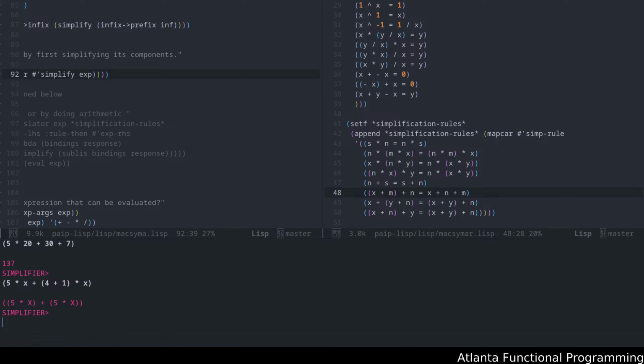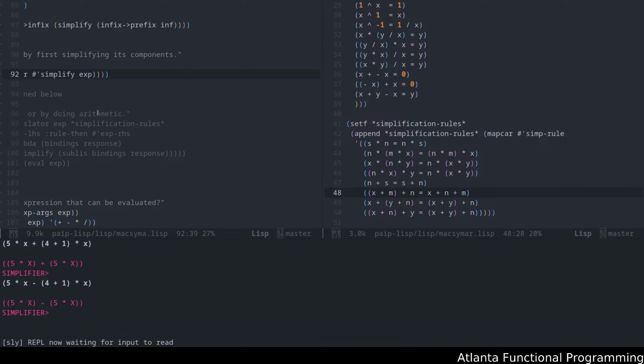Oh, sorry, it looks like it doesn't encounter that rule. The opposite will get simplified correctly, times x. Let me make sure I got that rule correct. X equals, yes, I did.